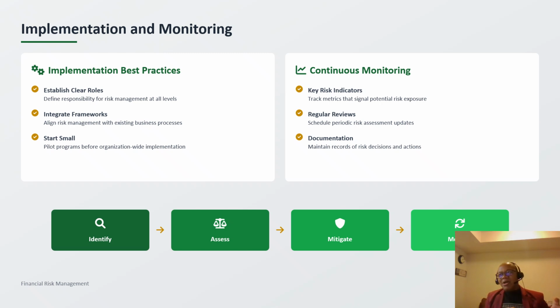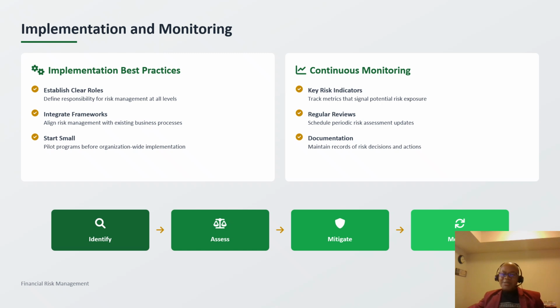We can align risk management with existing business processes, and it's often advisable to start small. We can pilot some programs before organization-wide implementation. When we start from a specific department or unit, we can learn lessons there that can be replicated across.